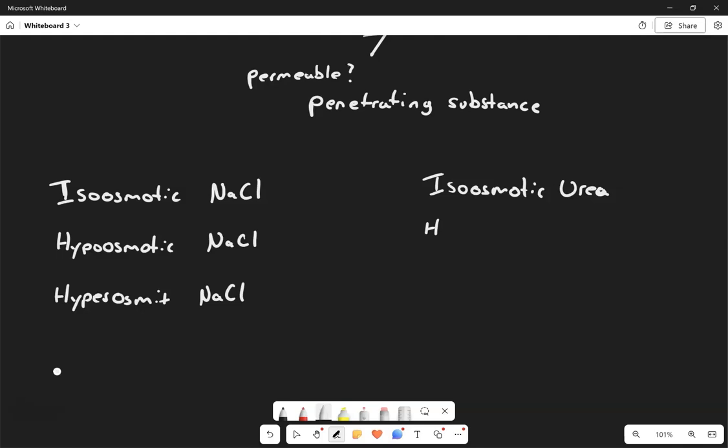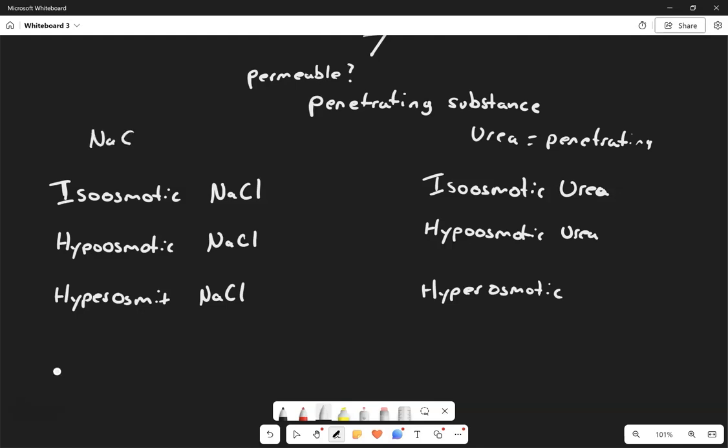I had hypoosmotic urea. And I had hyperosmotic urea. Okay, remember, urea is penetrating, meaning it can move in and out of the cell. And I'll tell you that red blood cells have low urea. Okay, but sodium chloride is non-penetrating. It cannot move in and out of the cell.